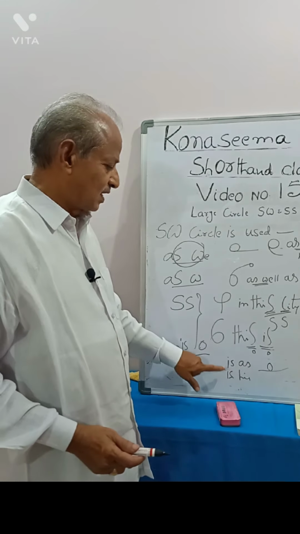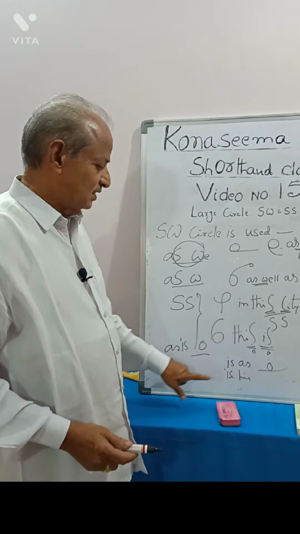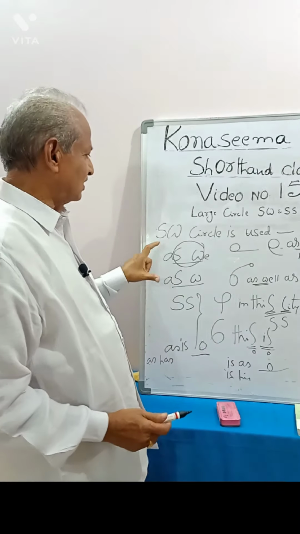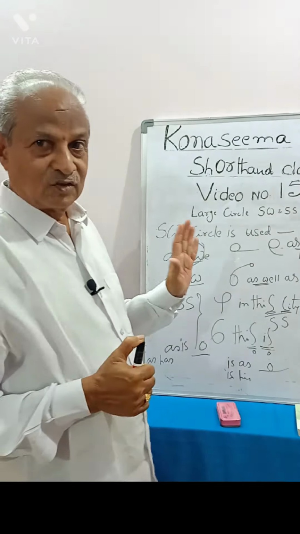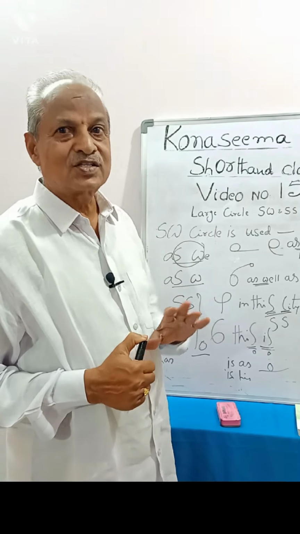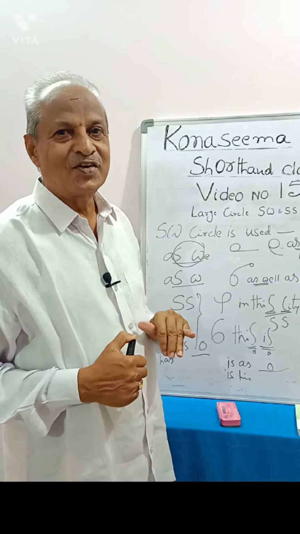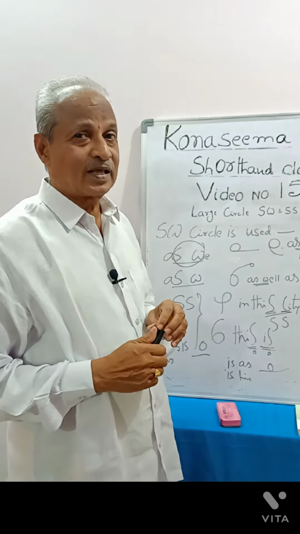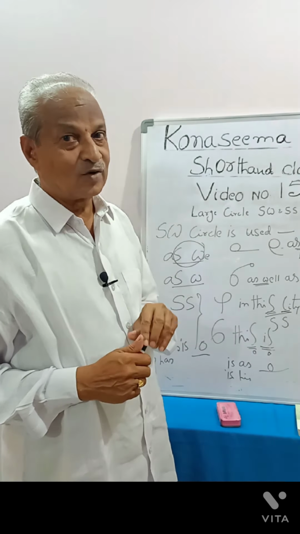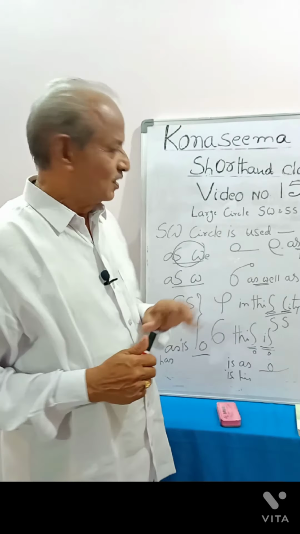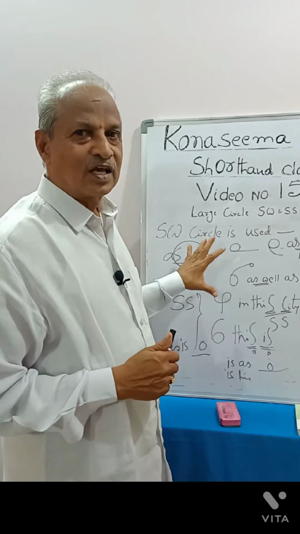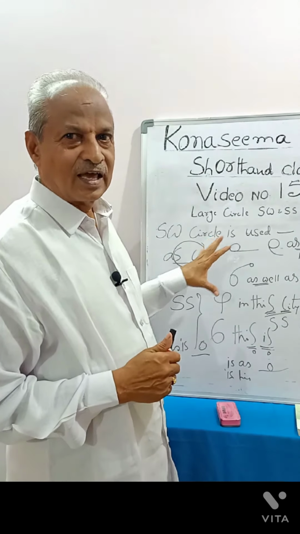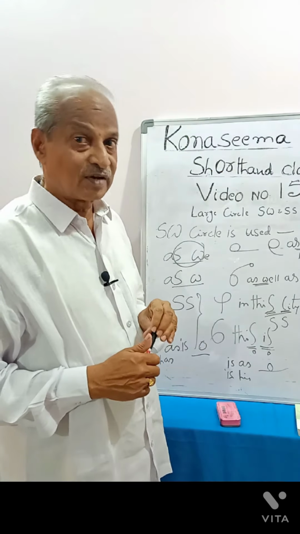Swa circle on the line, is, as, is. These are the words used in phraseography. And you may also see the page number 118 and 190, advanced phraseography. There also this swa circle is employed in advanced phraseography also.